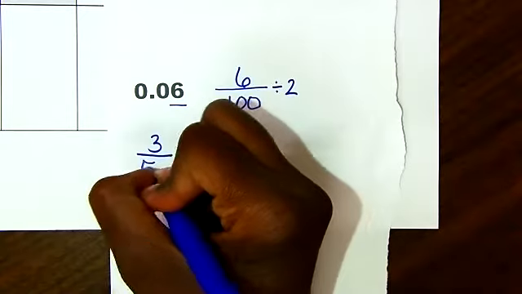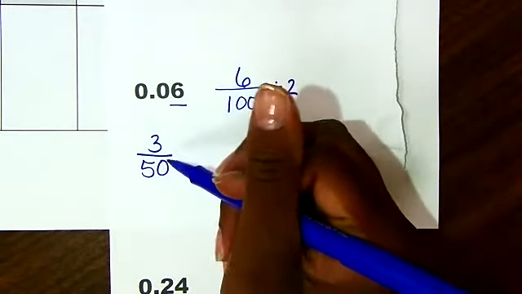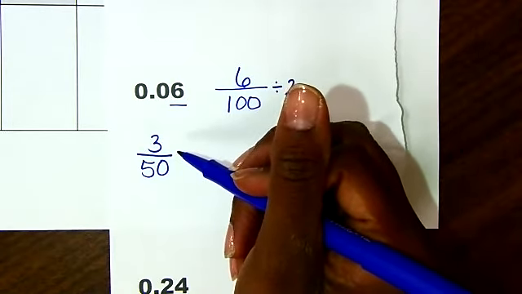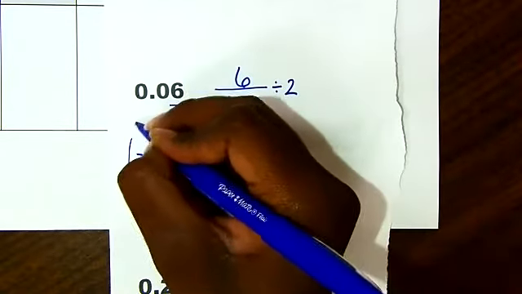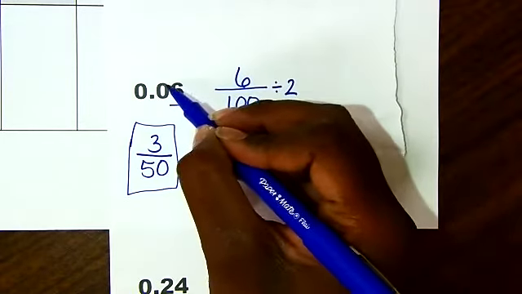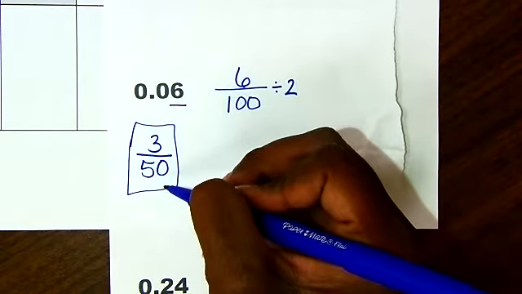Good job. Now I have 3/50. That cannot be simplified any further. So I have simplified it to its smallest term. So 6/100 as a decimal is equivalent to 3/50.